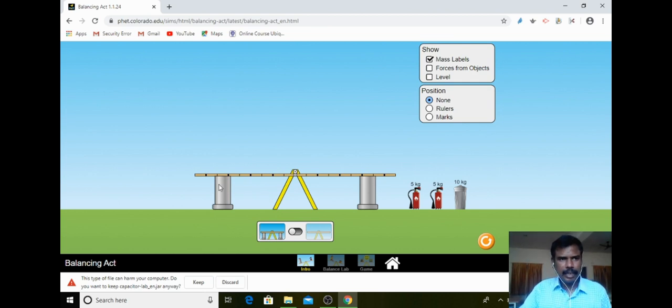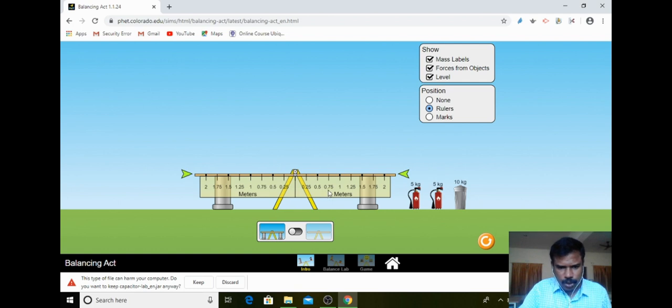This is the basic concept for learning physics, and you can see the mass labels. If you pick one, for example, this is 5 kg, this is 5 kg, this is 10 kg, and you can tick force from objects, and level also, and here the position. We can either use rulers or marks. For example, I am using marks instead of ruler.